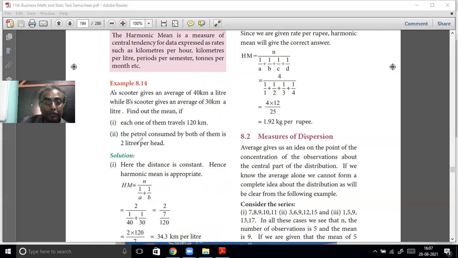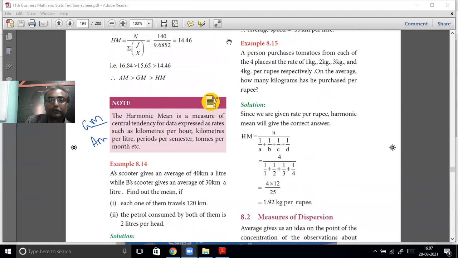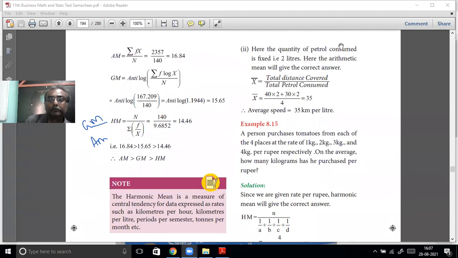Now let us do the second part. The second part is arithmetic mean. The first one you had to calculate harmonic mean, and this one you have to calculate arithmetic mean. So what you have to do? Total distance covered. Very simple.